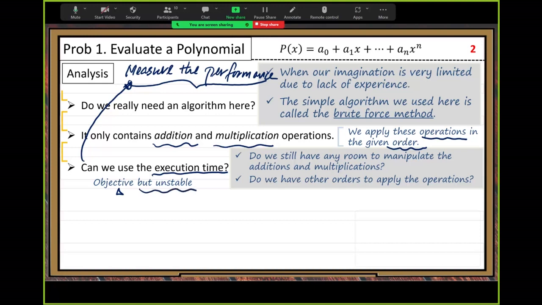If we use this way to measure the performance, it is unstable. What do you mean unstable? It means nobody knows what computer you are using, right?